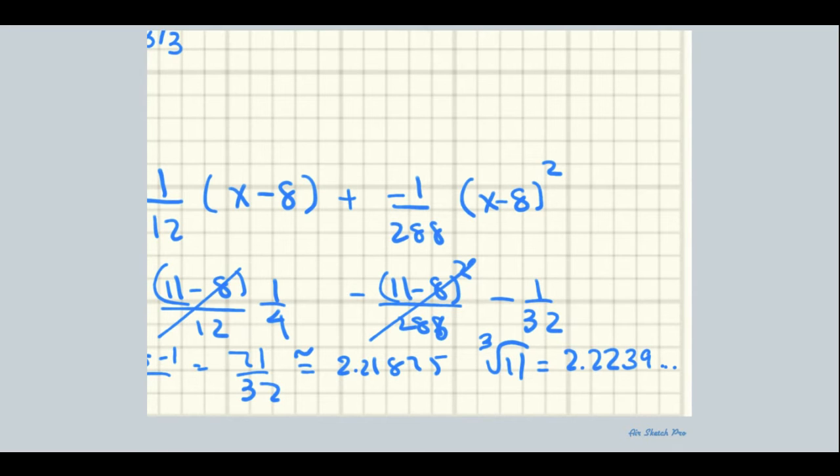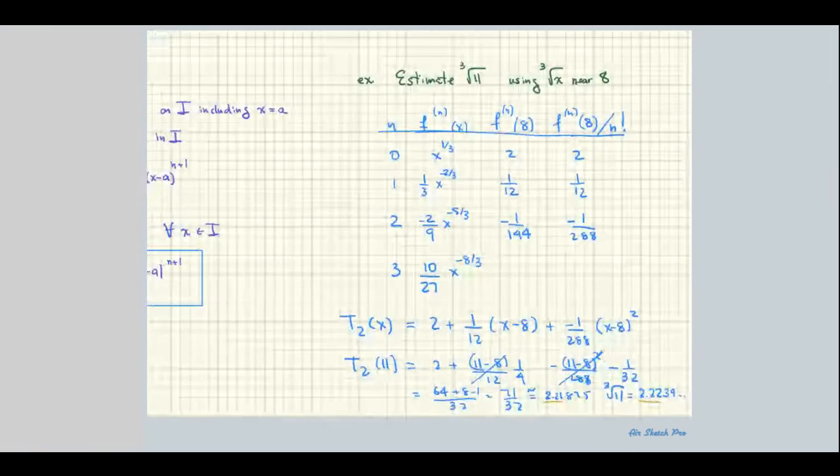This is as close as we got. 2.21, 2.22. So we were within. What's the difference between those two? The answer is the difference right there, the actual error.